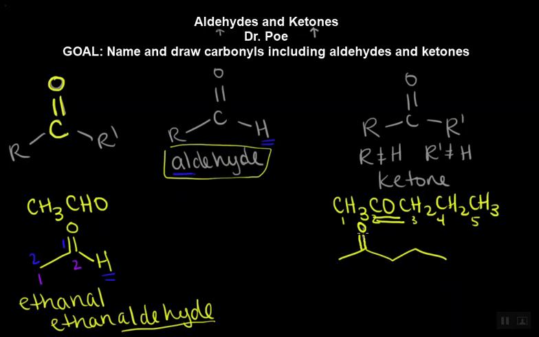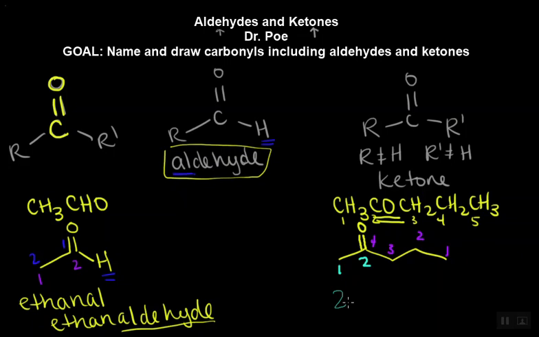For these, because this ketone could be in the middle, it could be over here, it could not be on the ends, because that would be an aldehyde, but it could be here or there on this molecule. We have to include the number, the lowest possible number, 1, 2, or going the opposite way, 1, 2, 3, 4. 2 is lower than 4, 2 wins.